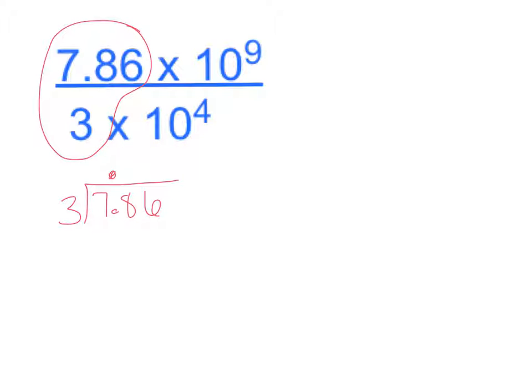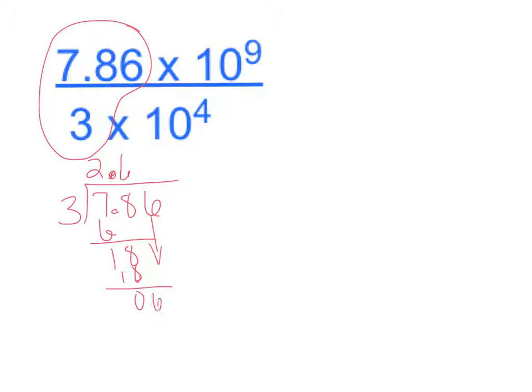And now we say 3 goes into 7 2 times. 2 times 3 is 6. 7 minus 6 is 1. Drop down the 8. 3 goes into 18 6 times. 6 times 3 is 18. 18 minus 18 is 0.